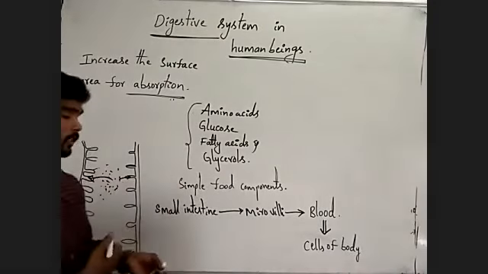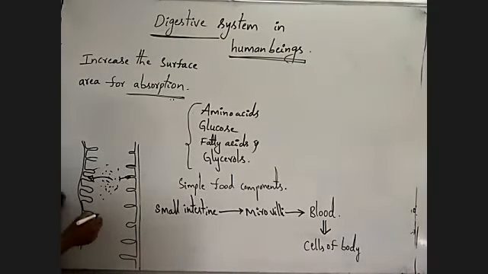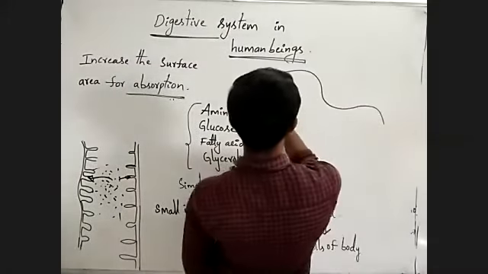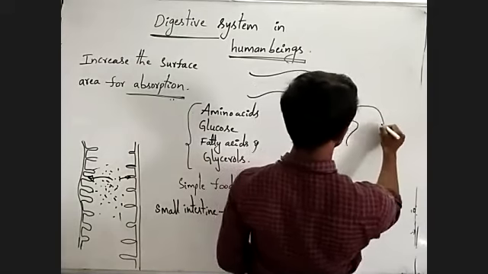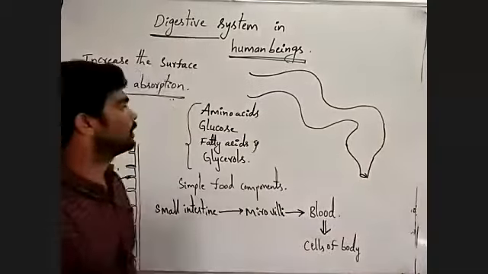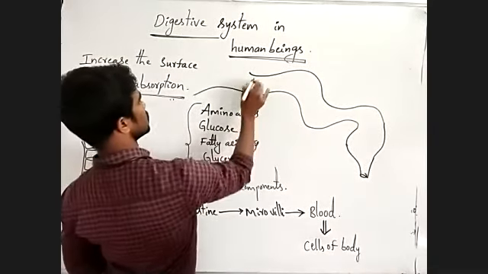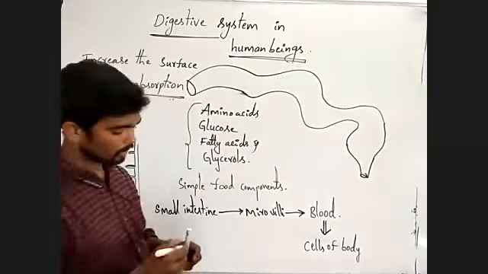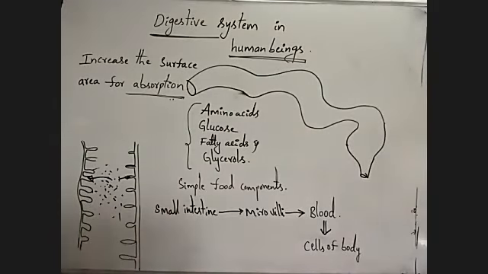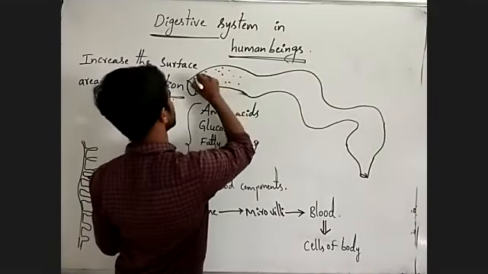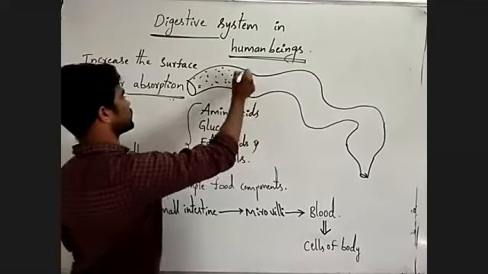So what about the undigested materials? Undigested materials present in the small intestine are transported into the large intestine. In the large intestine, the digestion process does not take place.